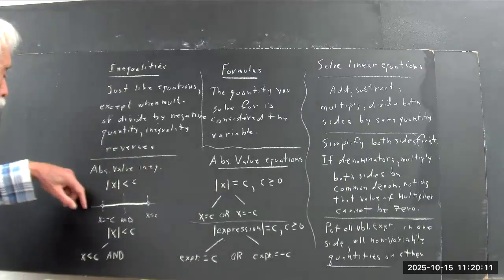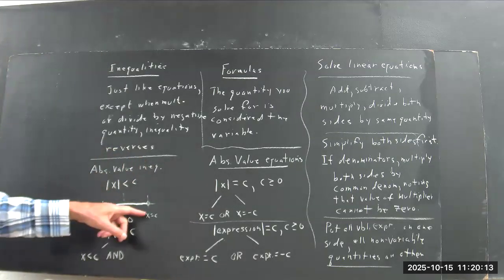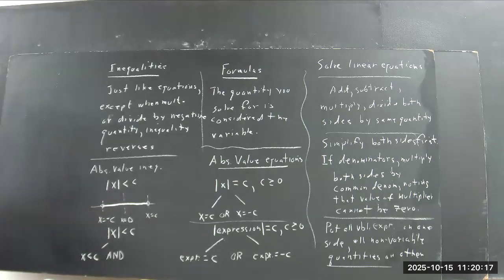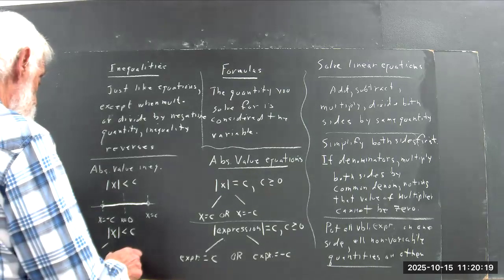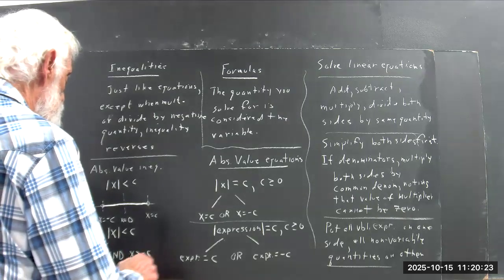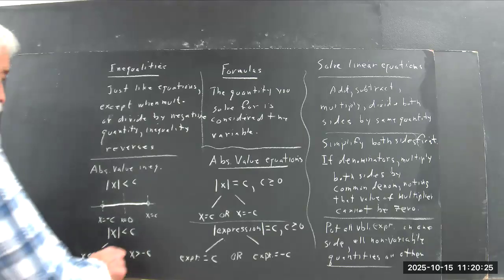If x is less than C, you could have any number on the other side of negative C. So it also has to be greater than negative C.